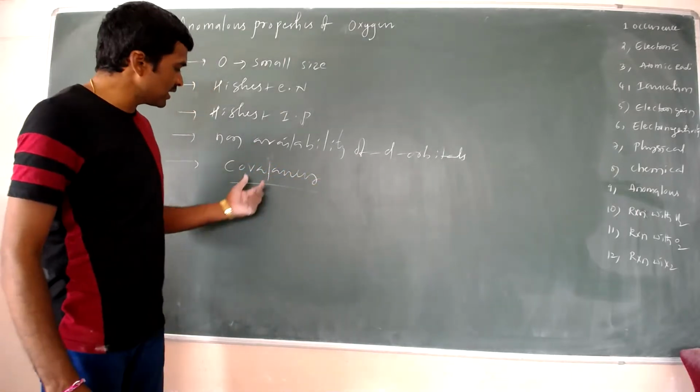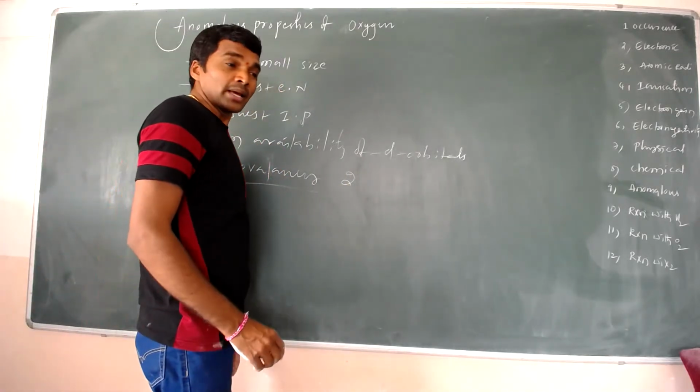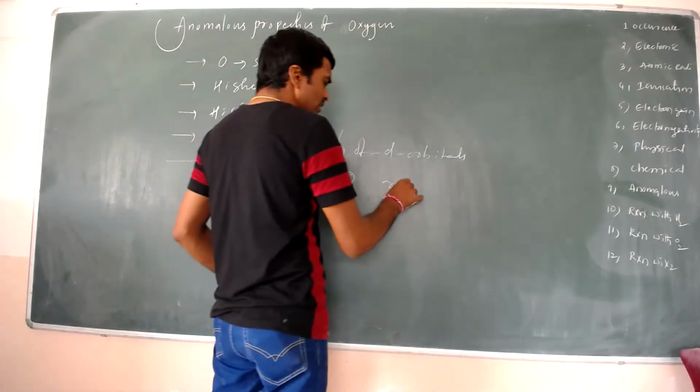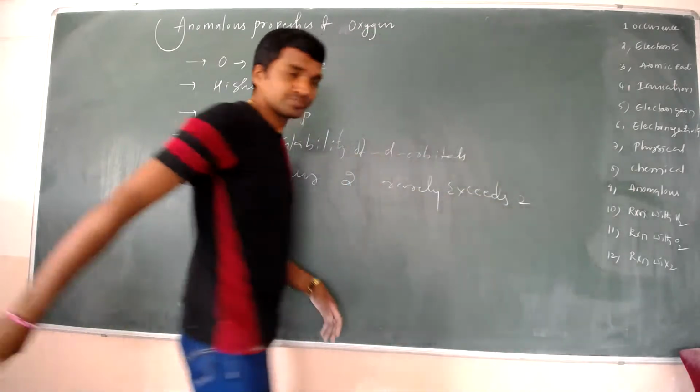Now see, for oxygen the bonding capacity or covalency is just 2. It never exceeds 2, or rarely exceeds 2.